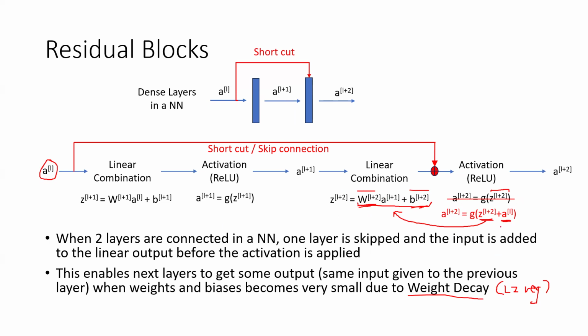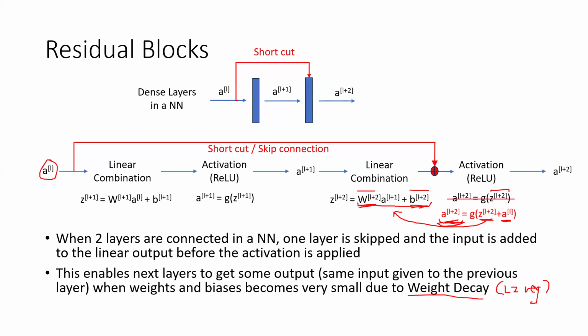It's the same identity function as the earlier one, but still you can get the activation of this AL and go to the next layer instead of getting the value of 0, right? Because if we are getting 0 for this value, all the other layers behind it will also get 0.